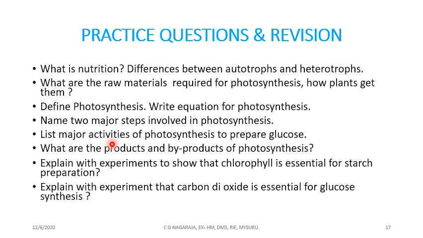List the major activities or points in photosynthesis. What are the products and byproducts of photosynthesis? Explain the experiments to show chlorophyll and carbon dioxide are essential for photosynthesis. And that will end that chapter on autotrophs.